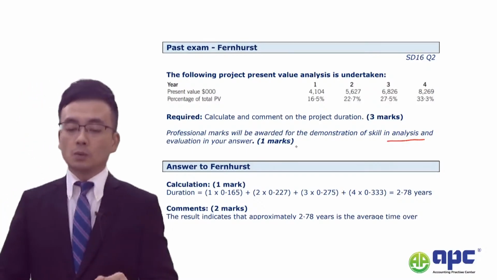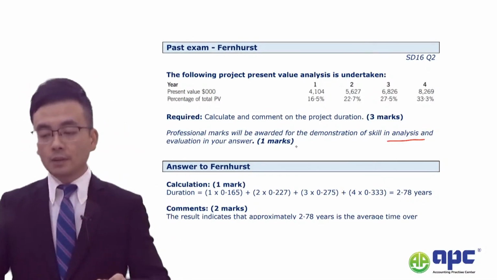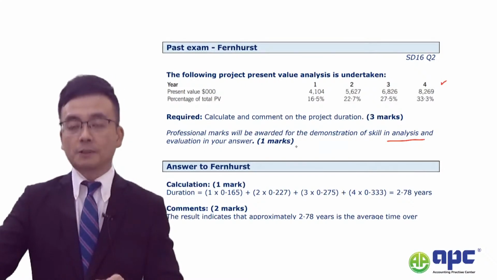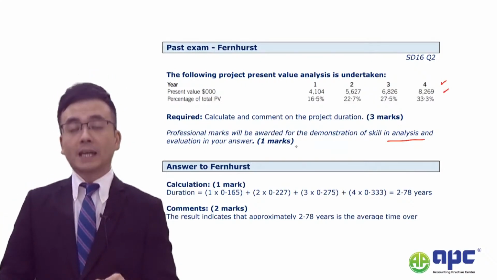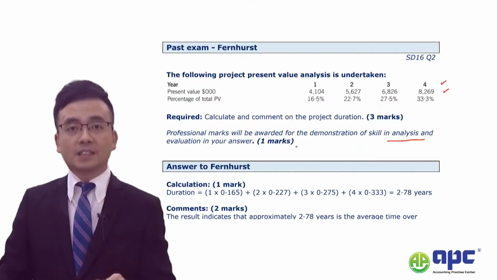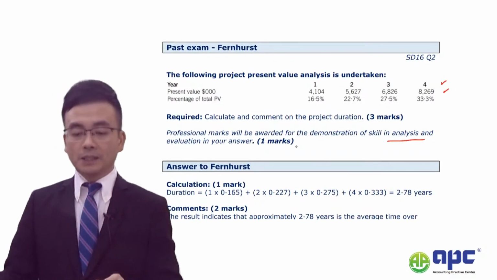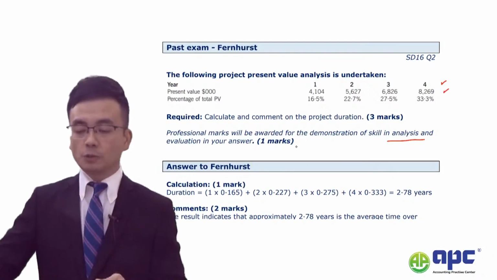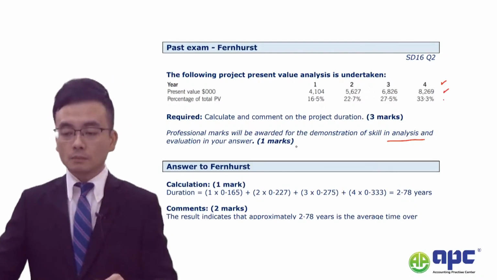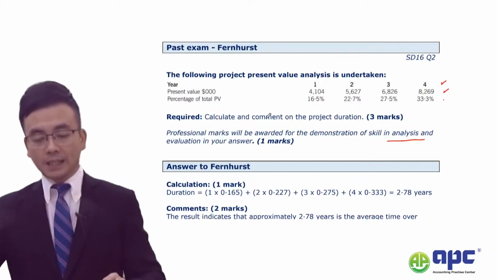Now firstly, we're told about the project from year 1 to 4 about the present value. We're not told about the initial investment because we don't consider that, okay, in our calculation. But the examiner in this case is giving you the percentage of total present value as well. But let's do it.